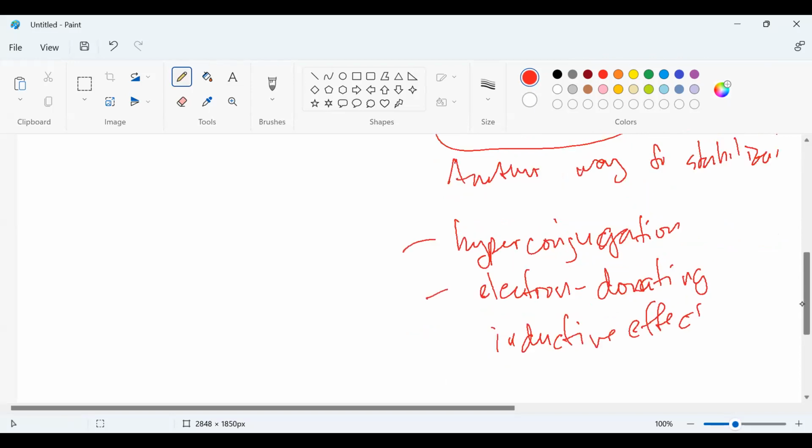And later we'll see in our next slides that you also have the pi electron delocalization.